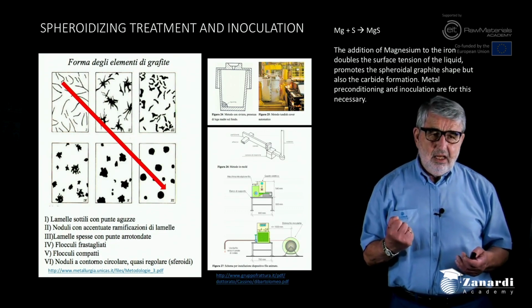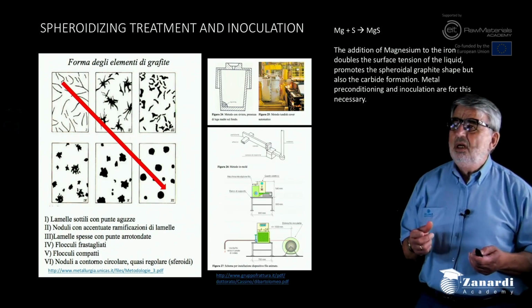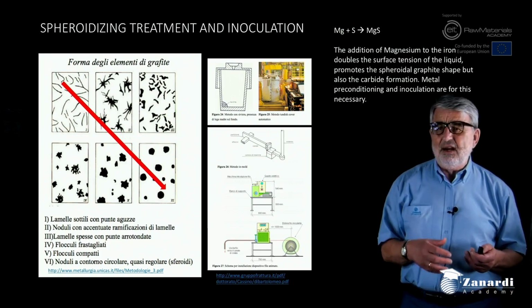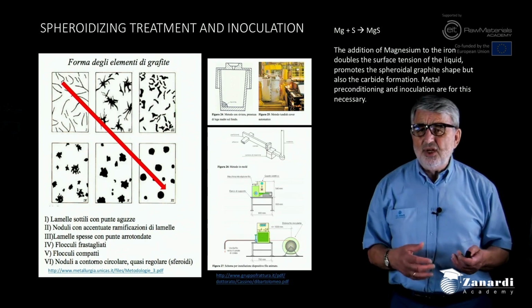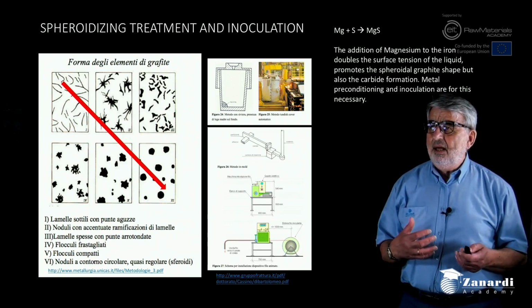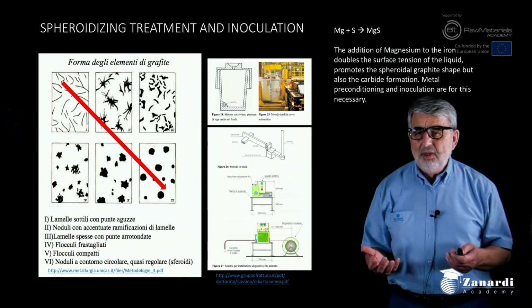So at the end of the Second World War, the spheroidal graphite iron was discovered, which is essentially made by subtracting sulfur from the liquid melt using magnesium.